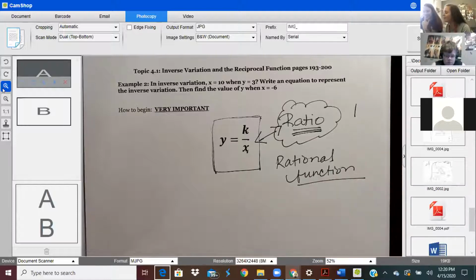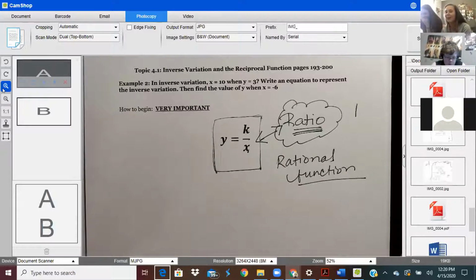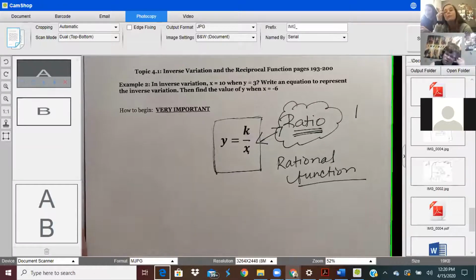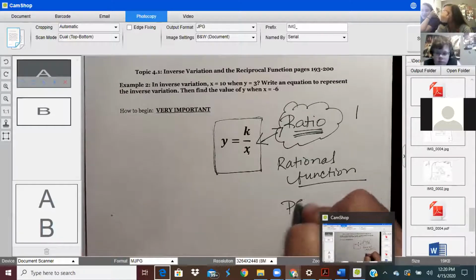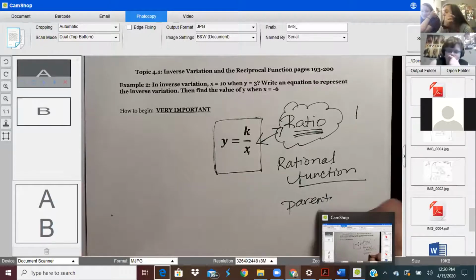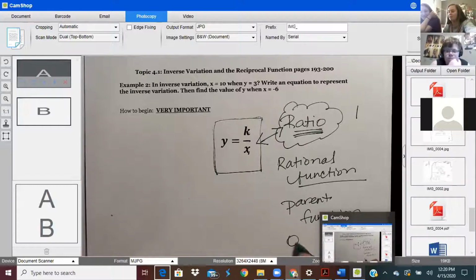So rational functions. When we look at rational functions and we graph them, you're going to see something on the graph. In fact, I have a graph pulled up, and this is of what we call the parent function. So remember, the parent function for quadratics is simply f of x is equal to x squared.